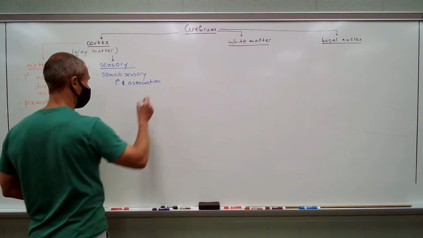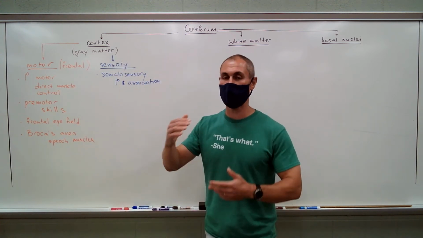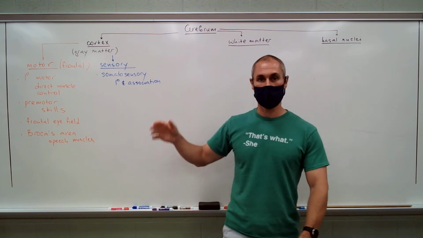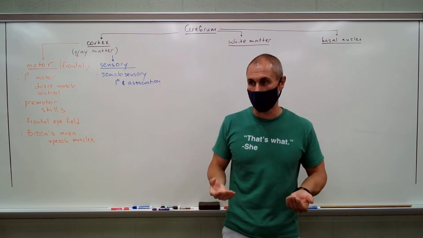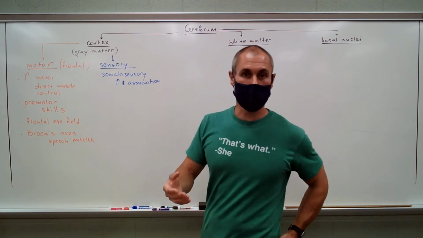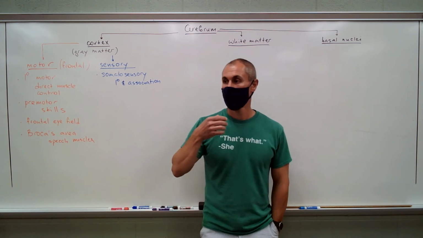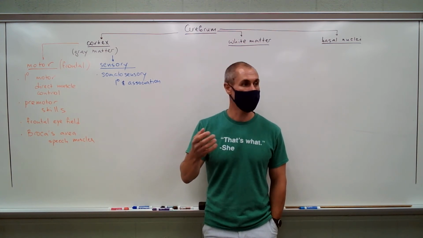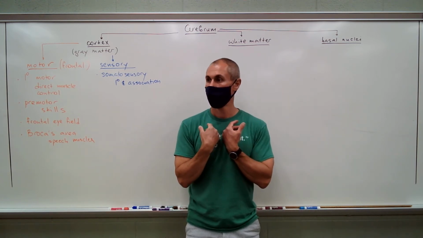Now let's pause for a second and understand, because we're going to see that distribution. Primary somatosensory cortex and association somatosensory cortex. What's the difference? Well, first of all, let's figure out what kind of sensation that is. Soma, what does that mean, the word? Body, very good. So, stuff that comes from your body.